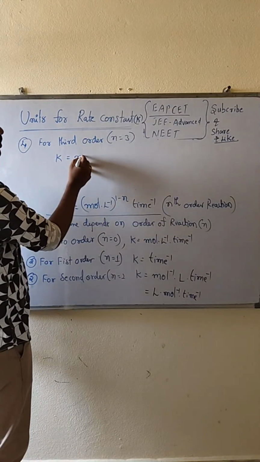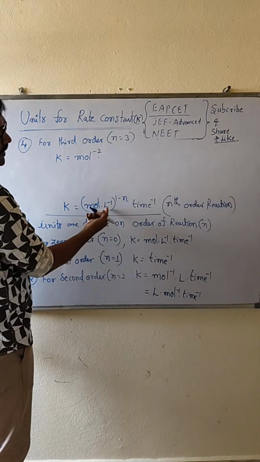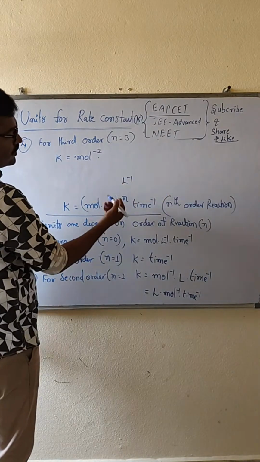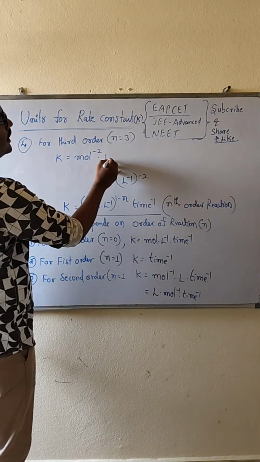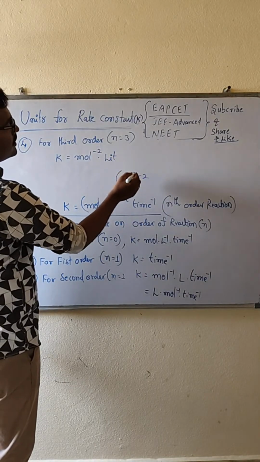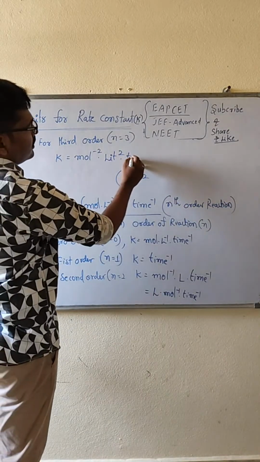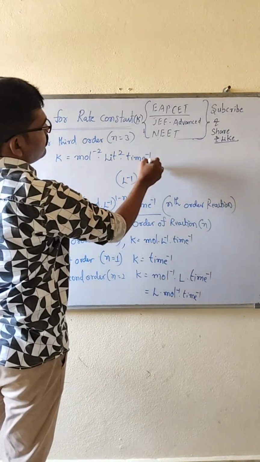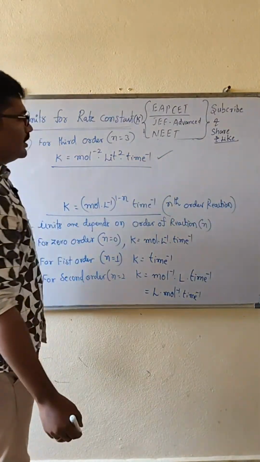So mole inverse 2, liter minus 1 power minus 2, minus into minus plus, so liter square, then time inverse as usual. So these are the units for third order reaction.